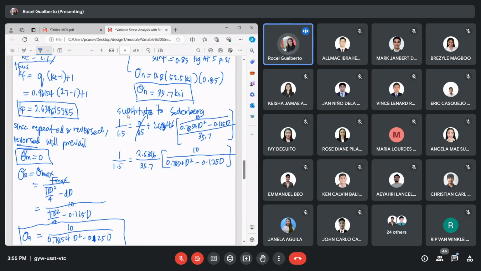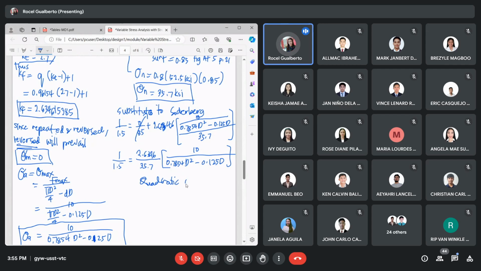Then, you cross multiply. Okay? So, ang makukuha niyo po dyan is a quadratic equation. Kasi po may d squared tapos may d. So, pag na-simplify mo po yan, it will lead to a quadratic equation.